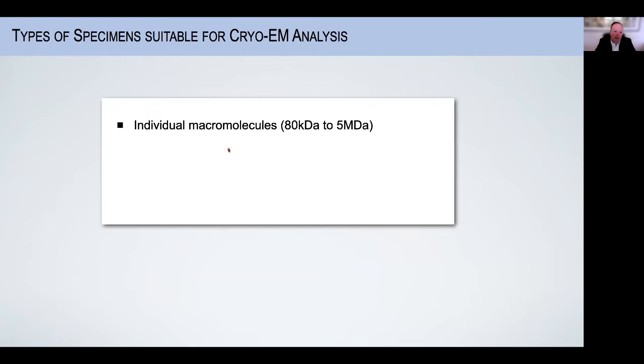Now, what type of targets are suitable for cryo-EM? What I have shared with you so far is that it is great for looking at macromolecules in a wide range of molecular sizes, from about 50 to 80 kilodaltons up to several megadaltons. It is also very good at providing structural information about ordered arrays, and these are typically two-dimensional crystals or helical tubes or filaments.